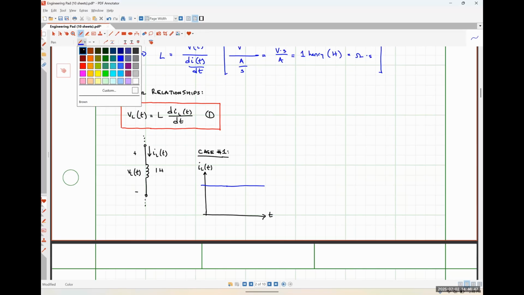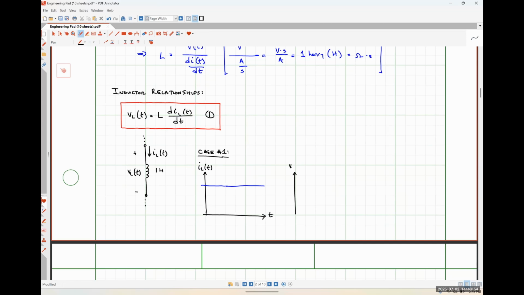Okay. What should the voltage drop across my inductor be? Anybody care to venture a guess? Wouldn't it be zero because when you take the derivative of a zero slope, it's just zero? Exactly right, Colin.